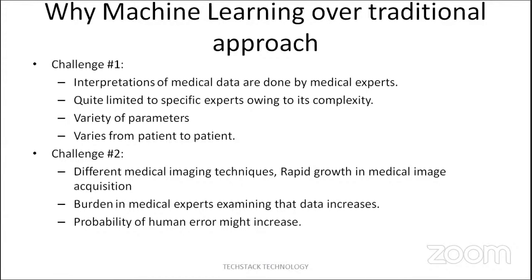How those experts are able to process the entire thing is a big burden nowadays because of the huge volume of data. Due to that, the probability of human error is also increased. Sometimes the experts may make some mistakes in their analysis, but a machine does not make those mistakes, right? If we have properly done the program. So this is another challenge, and that's why machine learning comes into the picture.